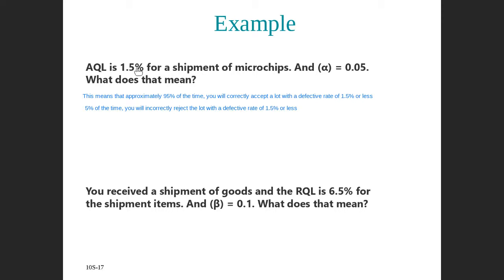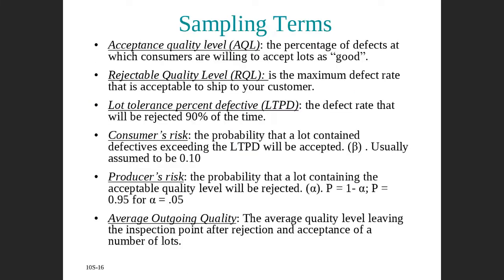The producer risk definition is the probability of rejecting a lot that has acceptable quality. What is the acceptable quality in that example? It is the 1.5 here. The AQL was given as 1.5%. So the producer risk, you reject a lot or a batch that contains 1.5 or less.